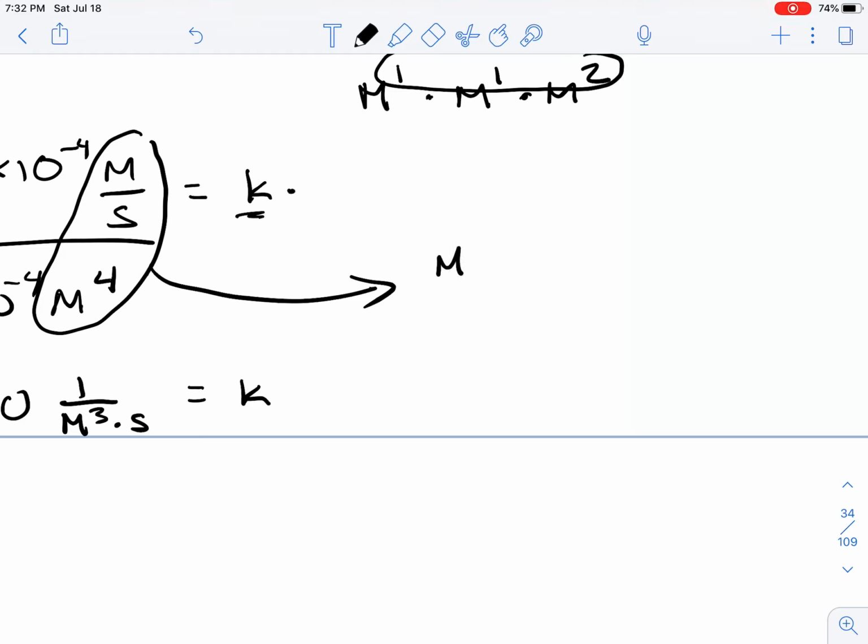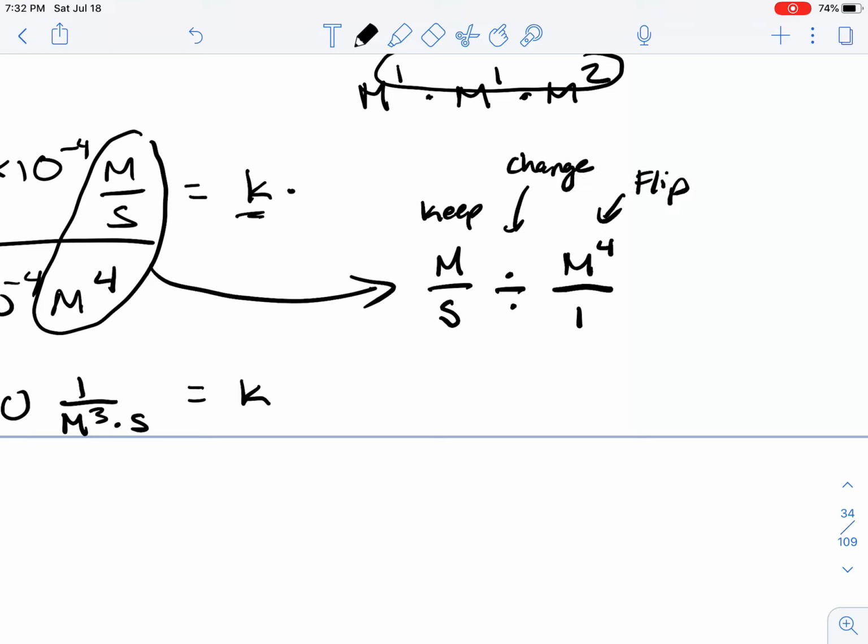If I have molarity per second divided by M to the fourth, this is the same as saying M to the fourth over 1. And so I'm going to keep, change, and flip. What I get is molarity per second, change the division to a multiplication, and then flip this fraction, so it's going to be 1 over M to the fourth.